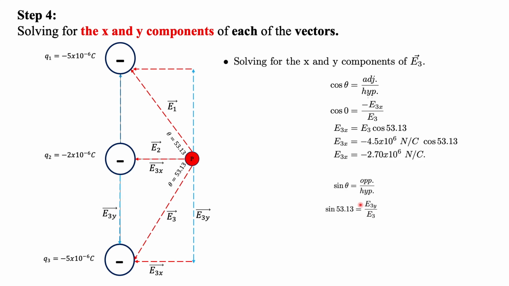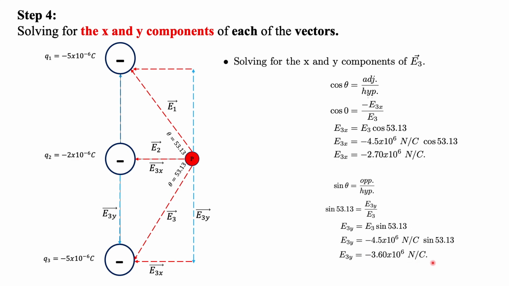This should be negative E3y because the y component is along the negative side. So when you rewrite this, E3y is equal to negative E3 sine of 53.13. When you substitute the values, I already have the negative incorporated. So when you do the calculation, you get negative 3.60 times 10 to the 6 newtons per coulomb.